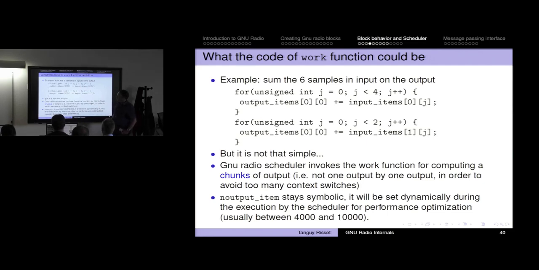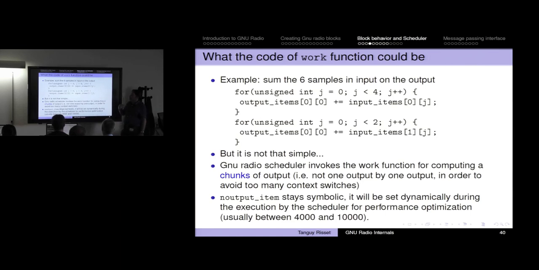This is very simple code. Please do not copy to temporary variables, because this is where the execution time is lost. If you copy each input item to a local variable and then copy back to the output stream, your function will be much less efficient than if you directly write to the output. This is what you will write if you want to produce one sample as output of the block.